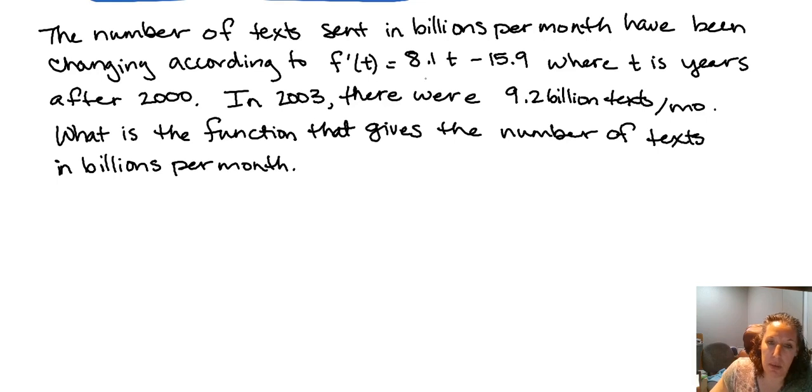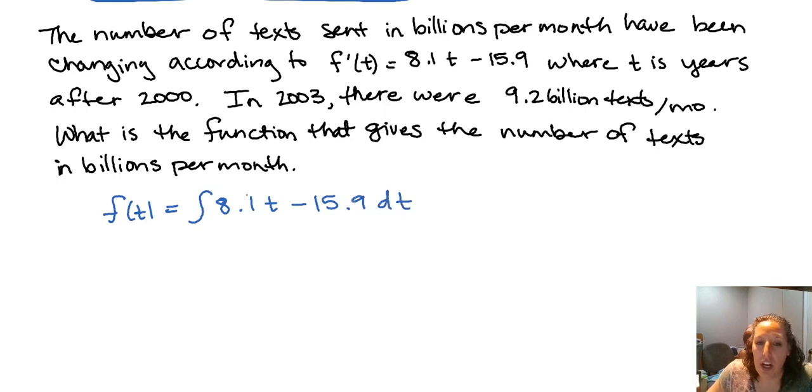All right, so that means we need to find our f of t, and that's going to be equal to our antiderivative of f prime. Here we are integrating with respect to t because that's the variable that we have in our function. And if we take this antiderivative, we'll get 8.1 times the antiderivative of t, which is t squared over 2, minus 15.9, which is just a constant, and so the antiderivative of a constant is that constant times t.